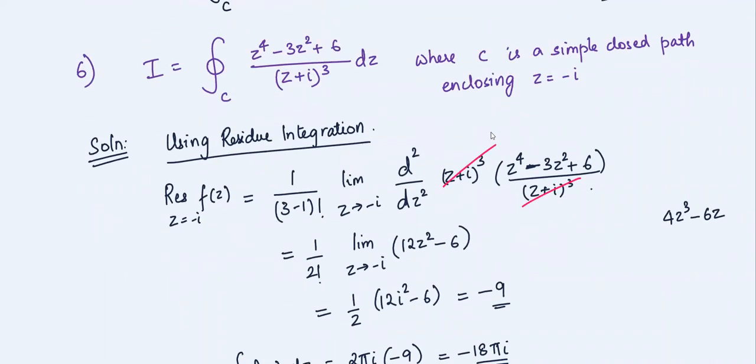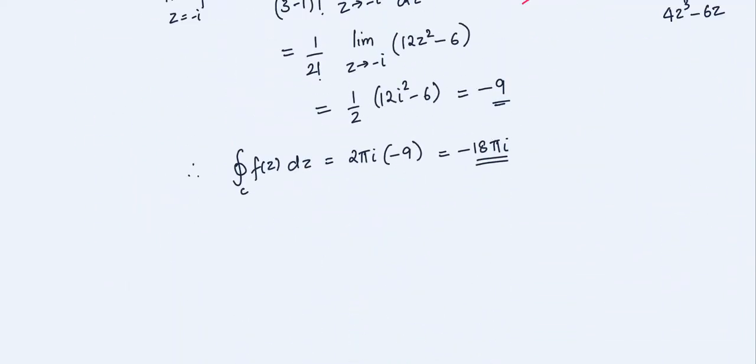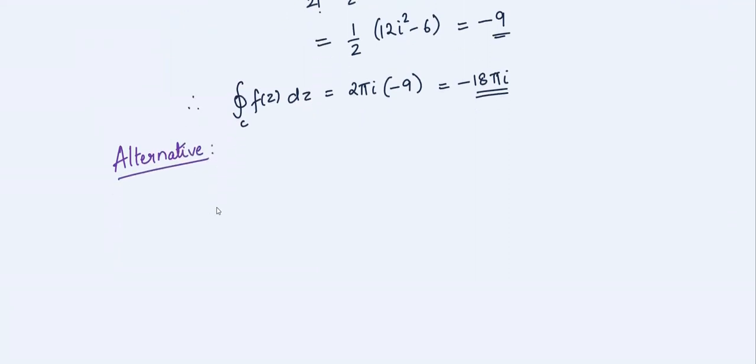What if you don't remember this formula? Then a simple alternative is to write (z power 4 minus 3z square plus 6) by (z plus i) the whole cube as 1 by, oh, this is cube, this is power 4.